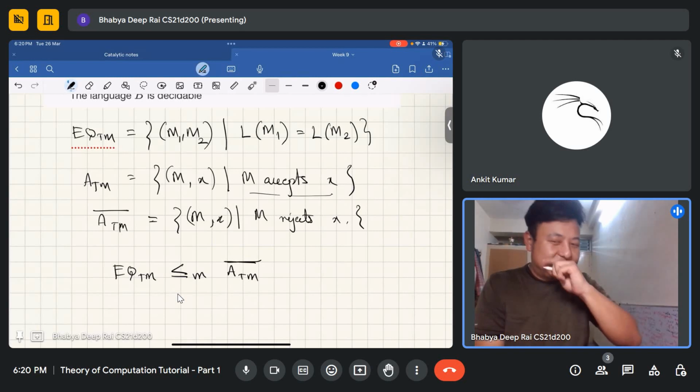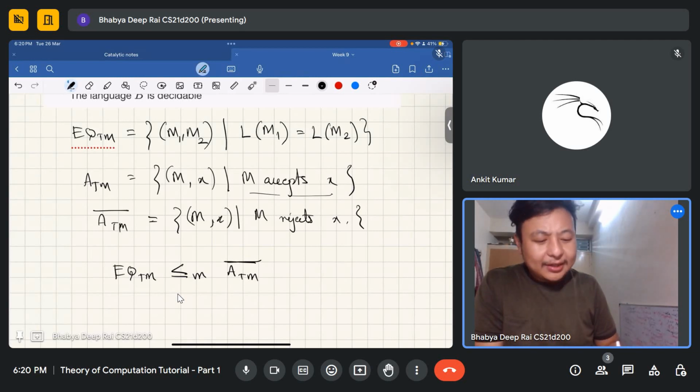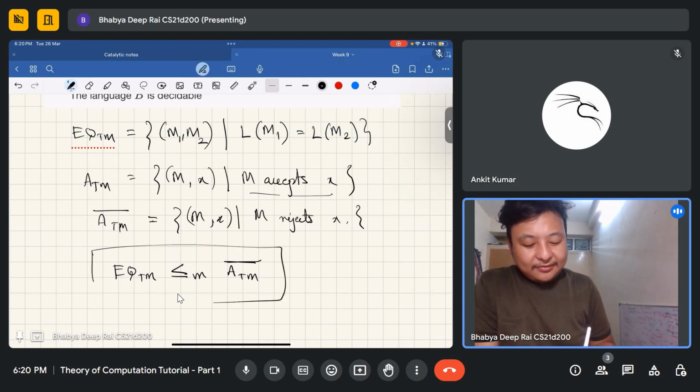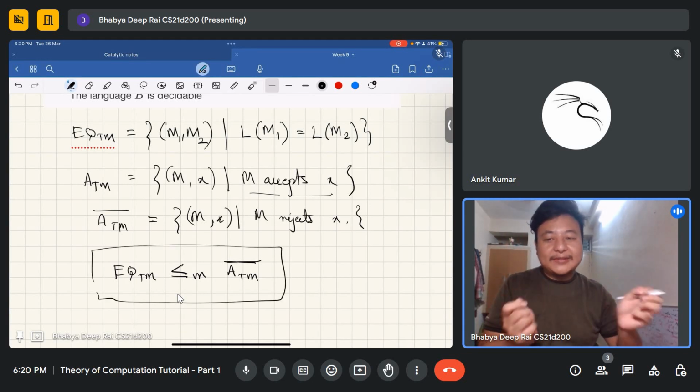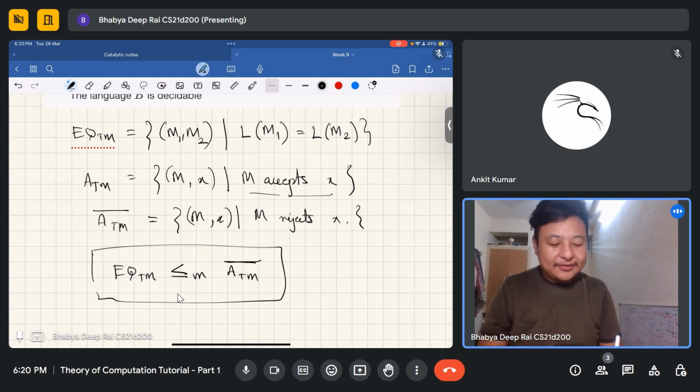The construction is in the next question, so right now I'm not doing it, but it is pretty simple. In the lectures, it's mentioned that checking whether two Turing machines have the same language is as hard as determining ATM bar.